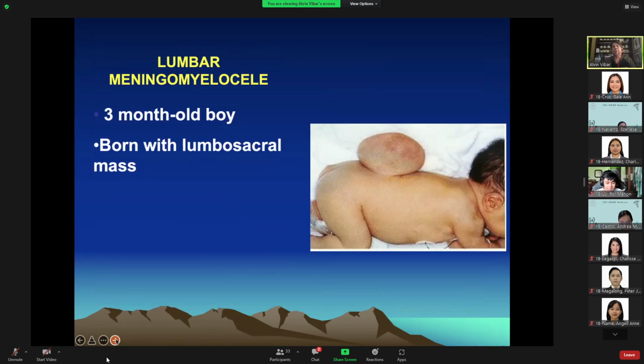So, lumbar meningomyelocele, what does it mean? What is the content when we say lumbar meningomyelocele? Meninges with CSF plus spinal cord. Are you going to have neurological deficit? Yes.